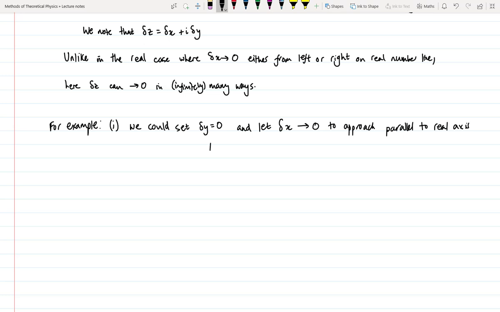We can draw a picture. We have the real part, the imaginary part, and let's say we want to evaluate the derivative at some point z, and we're going to, in this case, be considering delta x approaching 0, but there's no change in the y component.